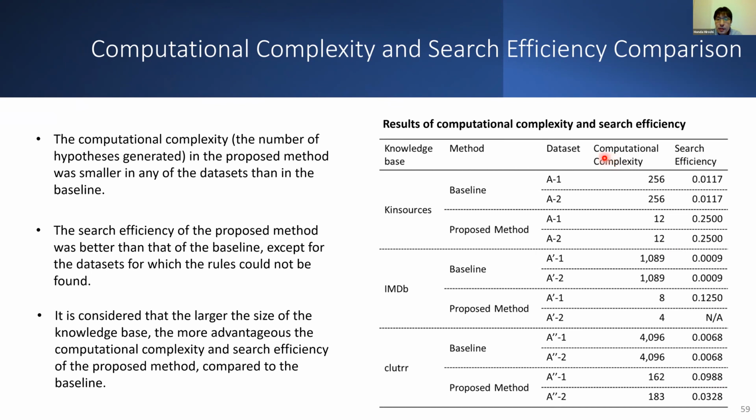The search efficiency of the proposed method was better than that of the baseline, except for the datasets for which the rules could not be found. It is considered that the larger the size of the knowledge base, the more advantageous the computational complexity and search efficiency of the proposed method compared to the baseline.